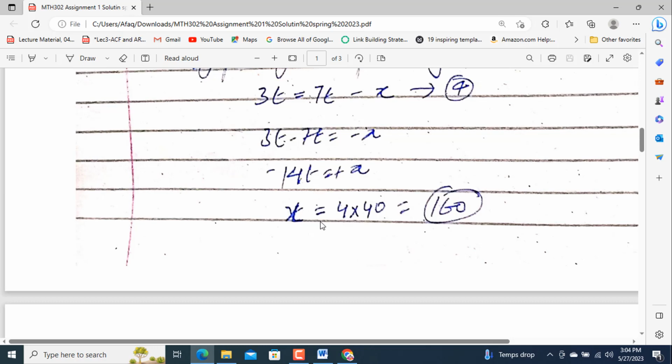X is equal to 4 into 40. Putting the value of T, which is 40, X is equal to 160. So 160 milliliters is the amount of milk that Haider gives to Raza to make the distribution of milk equal.